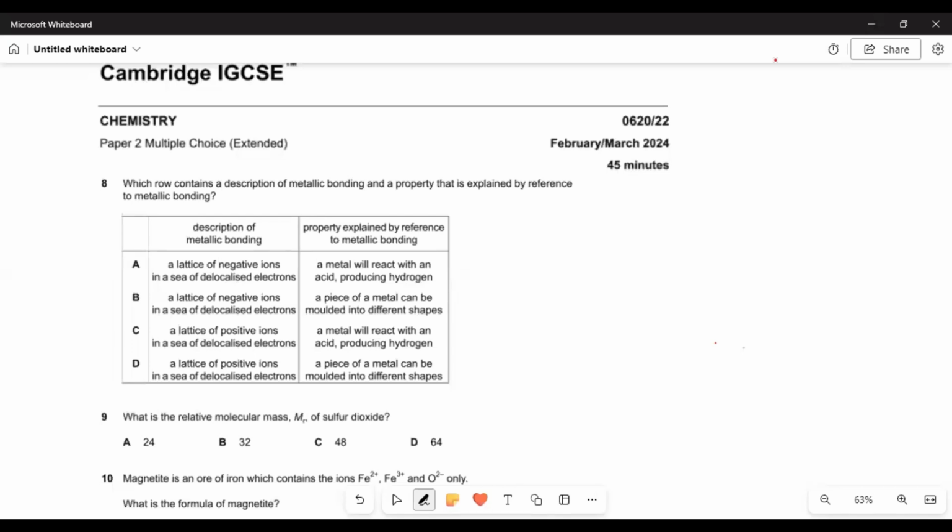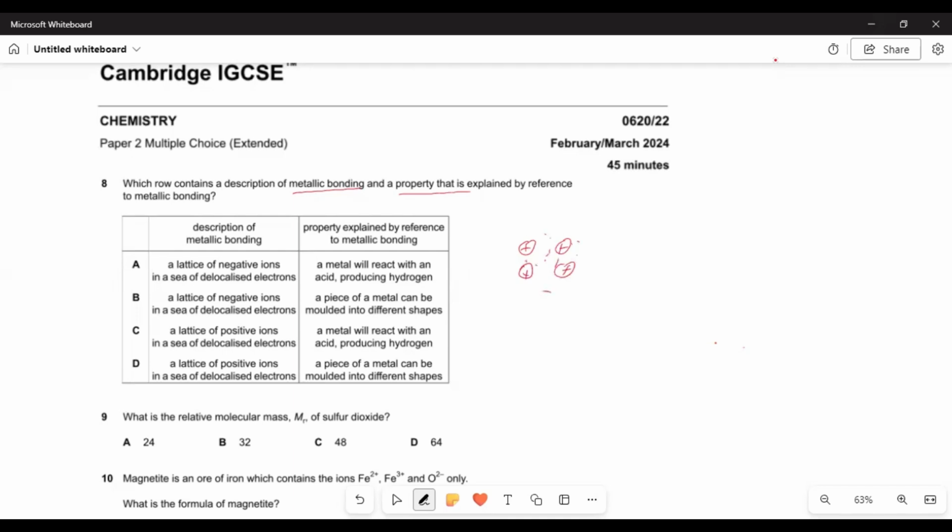This is question number 8. Which row contains a description of metallic bonding and the property that is explained by reference to the metallic bonding? So this is the description of the metallic bonding, that is, what a metallic bond is, and here the property explained by reference to the metallic bonding. Okay, so we will compare both of these columns, which are correct related to each other, then that would be the correct option. So we know that metallic bonding is the force of attraction between positive metal ions and the delocalized electrons.